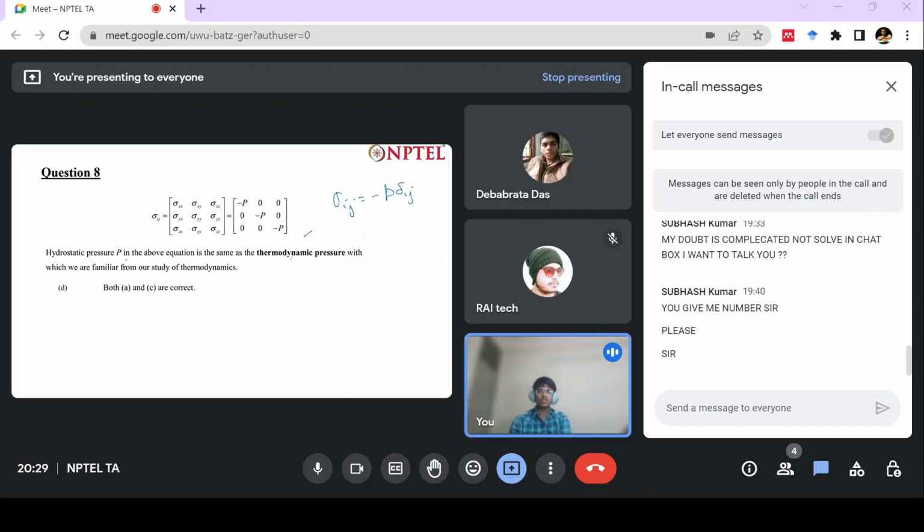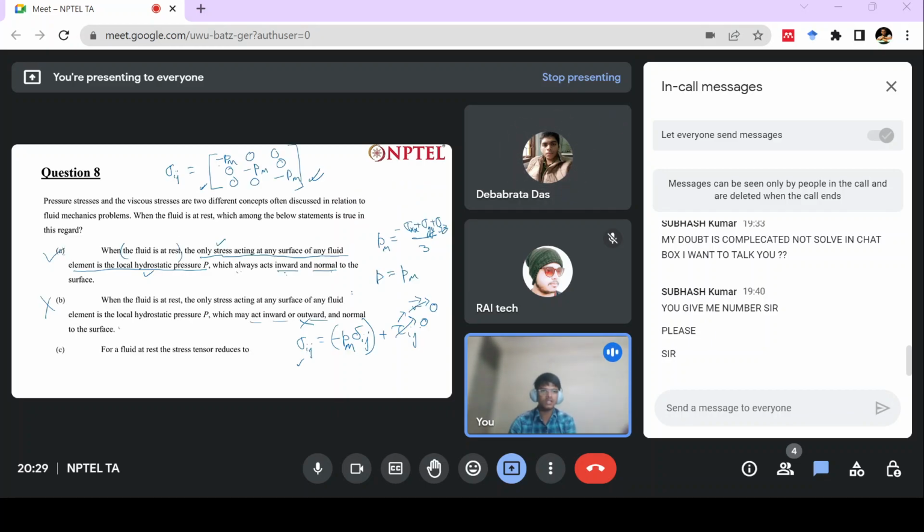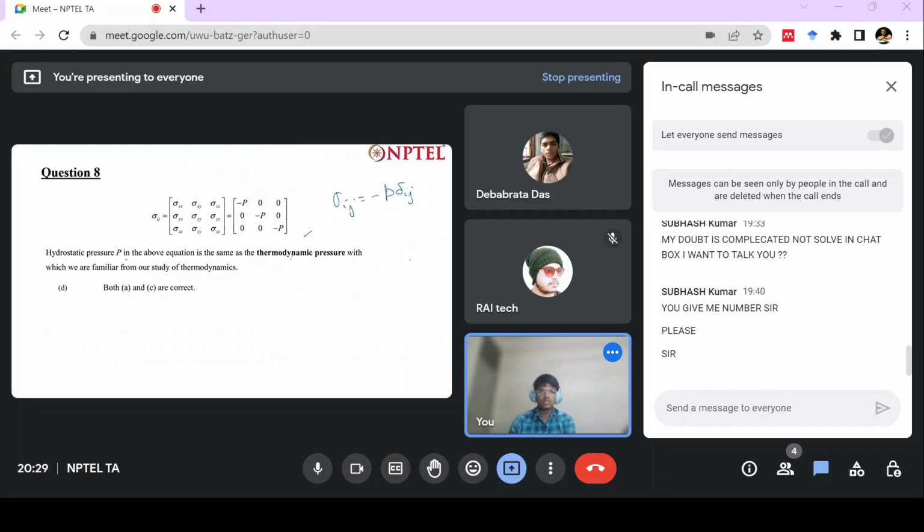Yes, this is true. We just saw that if the fluid is at rest, both the thermodynamic and mechanical pressures are equal. So this is also the thermodynamic pressure, and this is also the mechanical pressure. So both A and C are correct. This is my correct option.